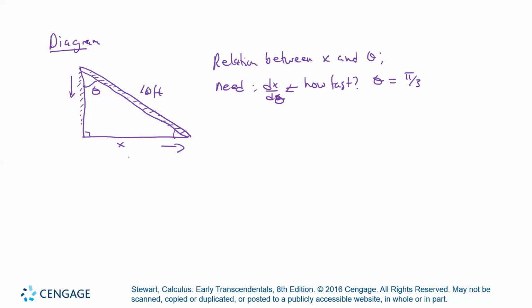Sine of the angle is equal to opposite over hypotenuse. So sine of theta is equal to x over 10, which means x is equal to 10 times sine of theta.